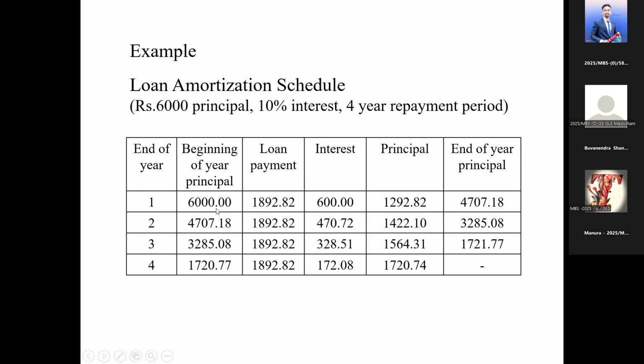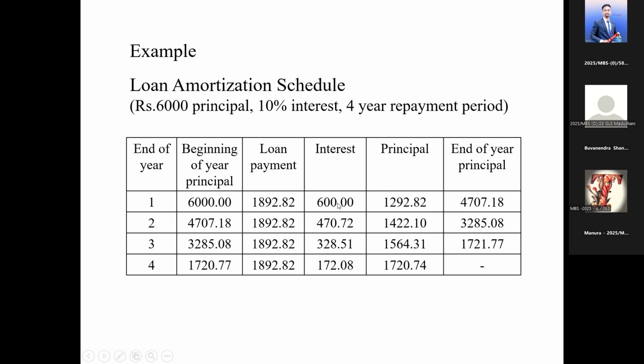So you get the 6,000 rupees loan, and you pay this much at the end of the year. At year one end, after paying this, how much interest did you pay? On the 6,000 loan at 10%, I paid 600 rupees interest.